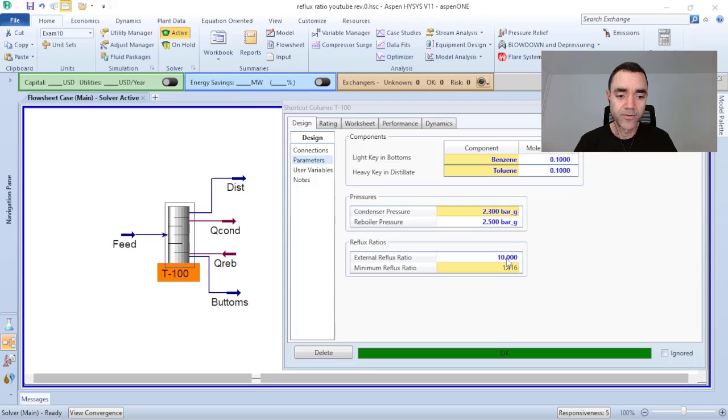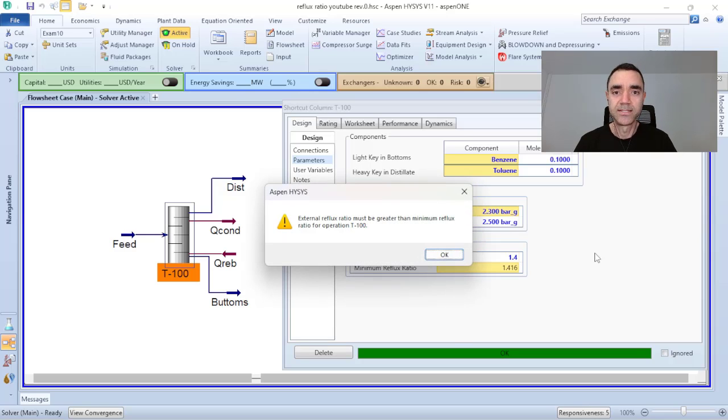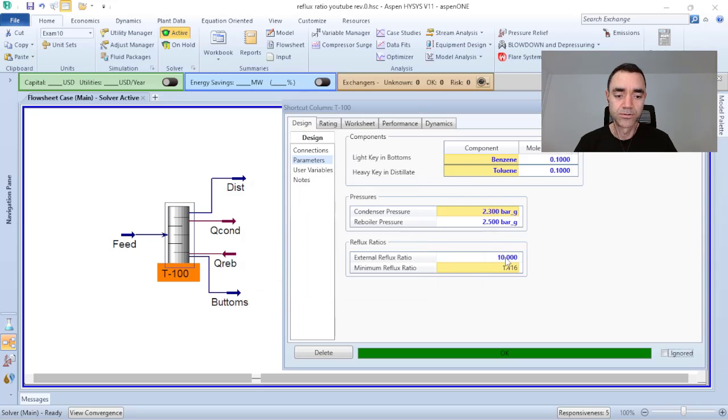So if I use a number below the minimum reflux ratio, I set my column, for instance, as 1.4 and I click enter, HYSYS will return a warning telling that the external reflux ratio must be greater than the minimum reflux ratio, and in this case it will not converge, you will be stuck in this way. So I need to find a value that is above the minimum reflux ratio.